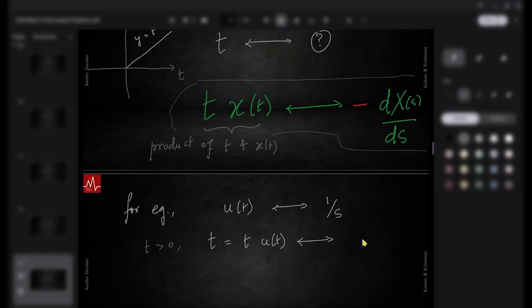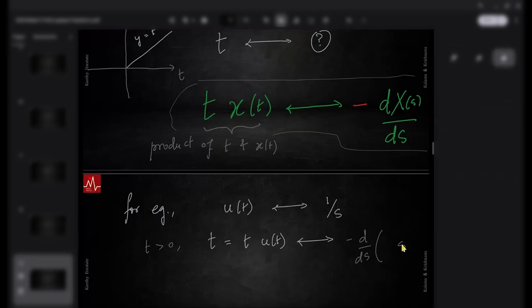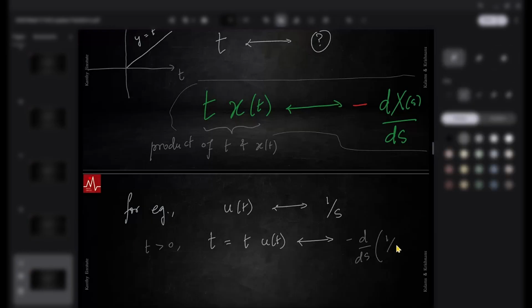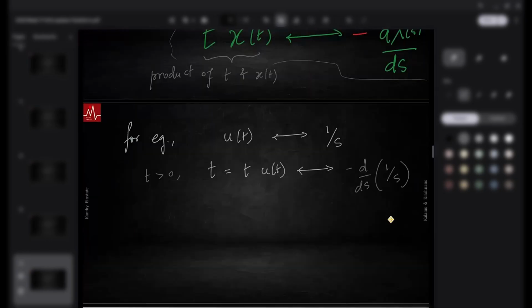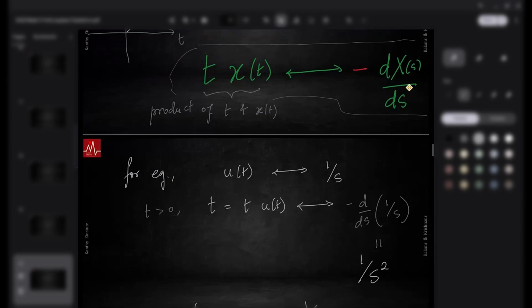Notice this goes to minus d by ds of 1 by s, the negative of the derivative of 1 by s. Yes, minus of minus 1 by s square equals 1 by s square. So your t transforms to 1 by s square. We just derived it using t x of t transforms to the negative derivative of the Laplace transform.